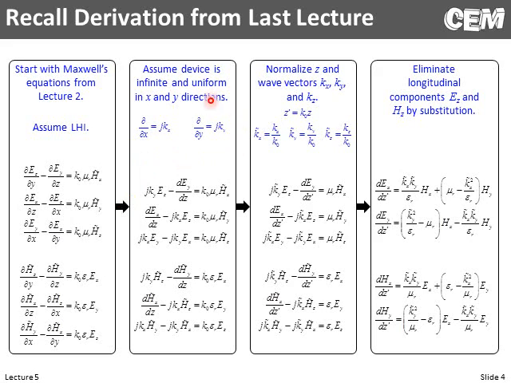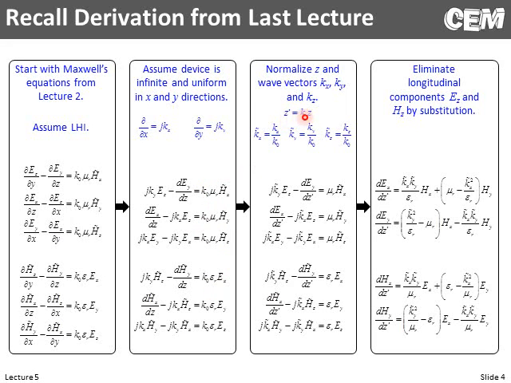And we showed when that happens, we can replace any x derivative with just jkx and any y derivative with just jky. What this is really telling us is that the only thing interesting that can happen in the x and y directions is that the waves accumulate phase according to these two components of the wave vectors. So we go into Maxwell's equations, we replace those derivatives with jkx and jky, we end up with these 6 equations.